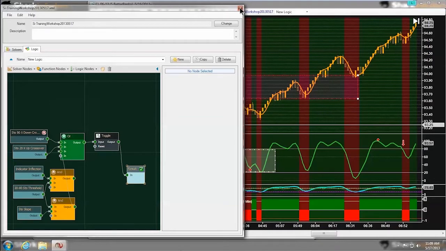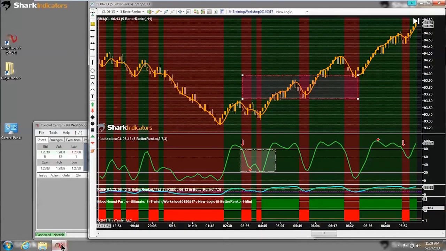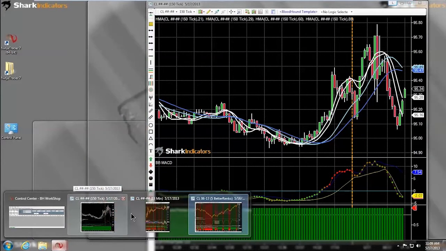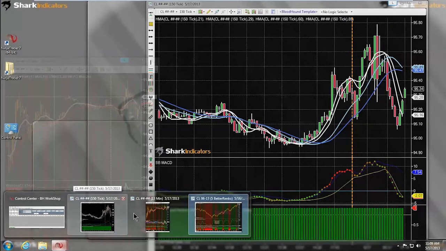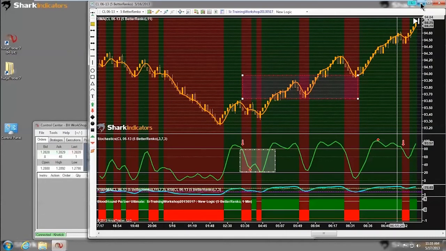So I will need to get another chart put together. Let's see, that's a tick chart, and yeah, so let me use these two oil tick charts. Now let's see.